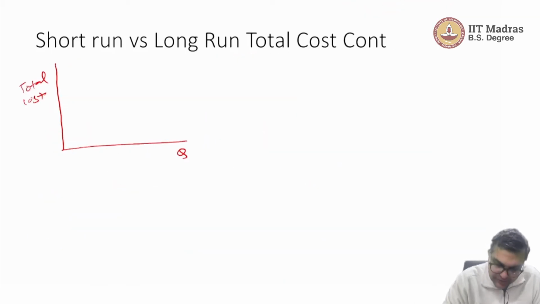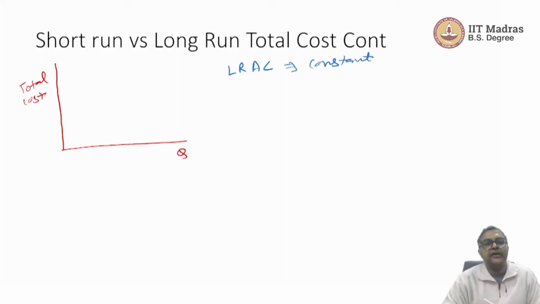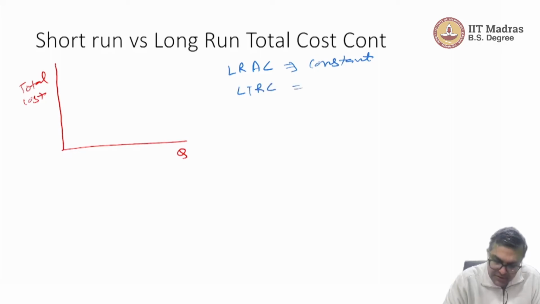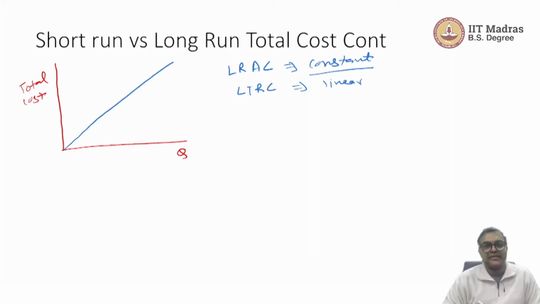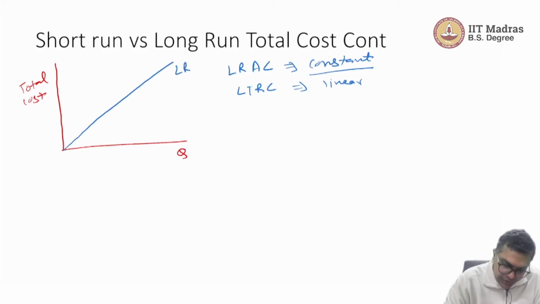Long run average cost is constant in the case of constant return to scale, and long run total cost is linear, because if it is constant then it is going to be linear. So, it is going to look like this. This is the long run total cost.